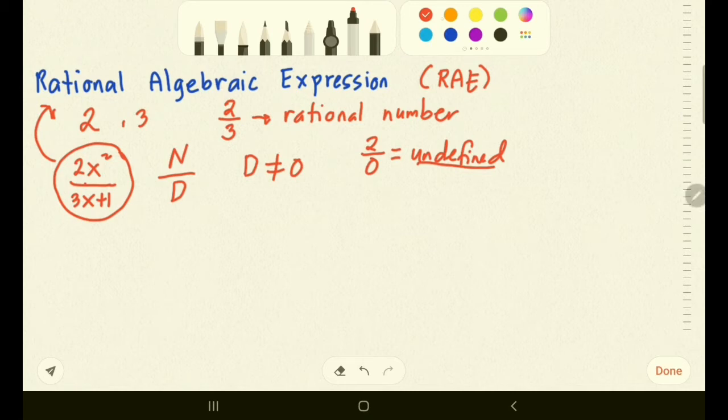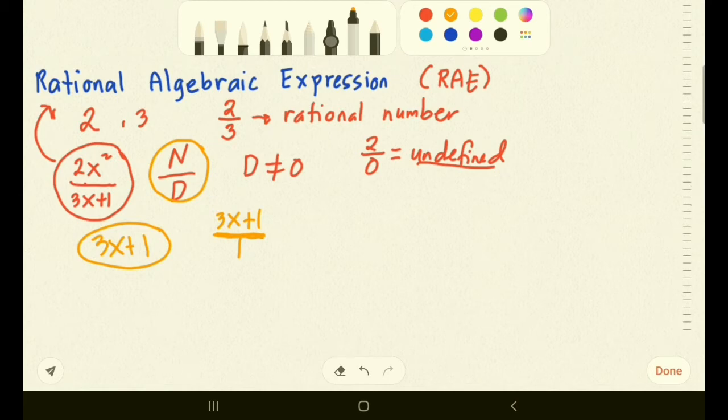Okay, how about this? 3x plus 1 only. Can we consider this a rational algebraic expression? Yes, that can be, because that can be expressed as n over d. How? That would be 3x plus 1 over 1. When I see here the horizontal line, this is the over, or we can say it as divided by.